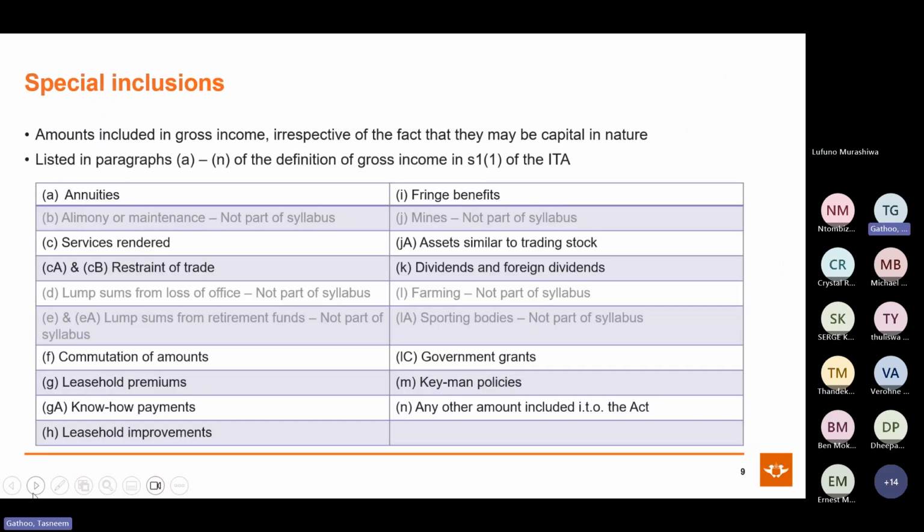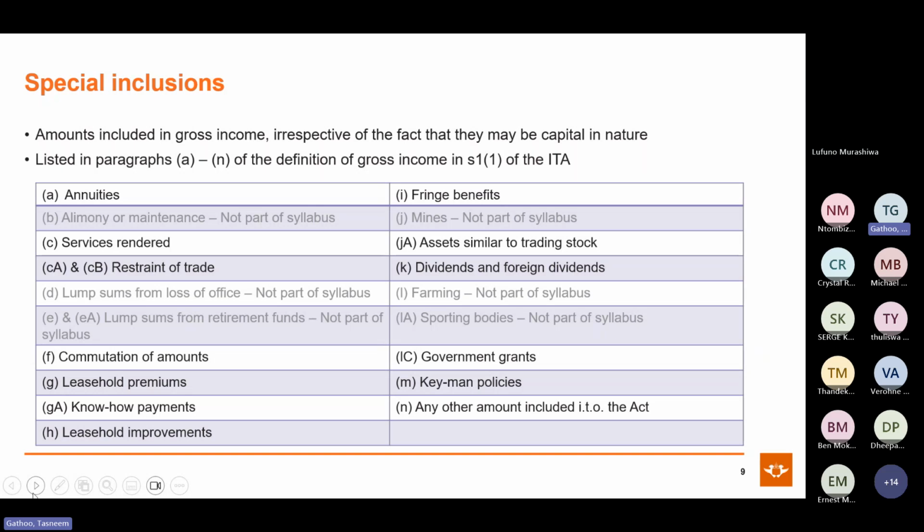Then we looked at the top part of the definition, and then there's the second part, the provisos to the definition. Remember, the first of the requirements said that it must be amounts that are not of a capital nature.